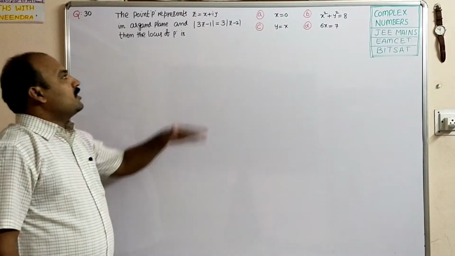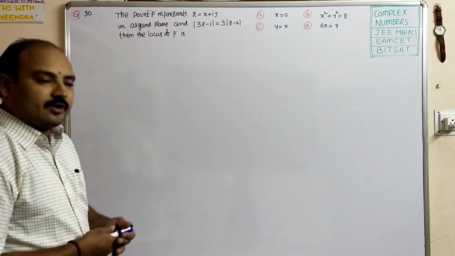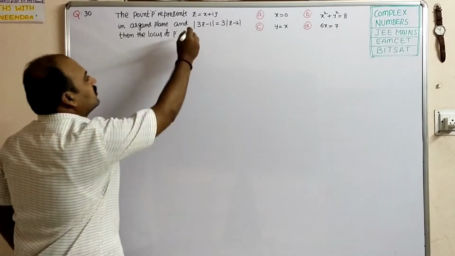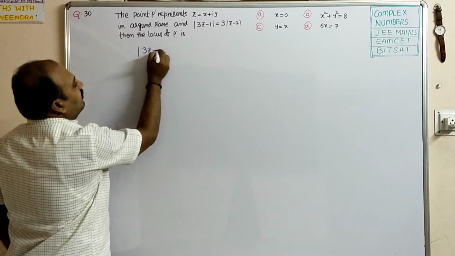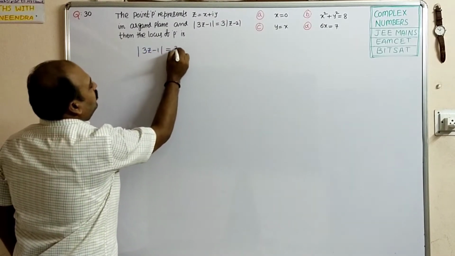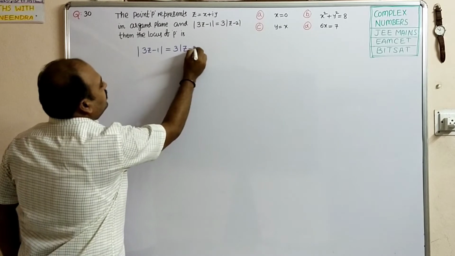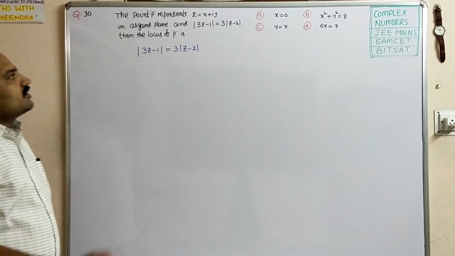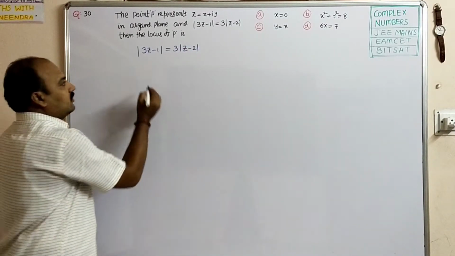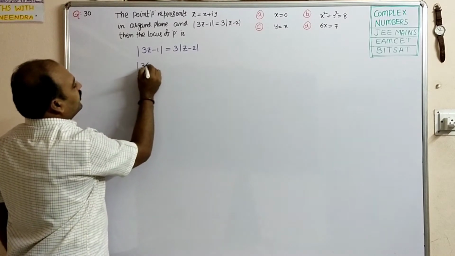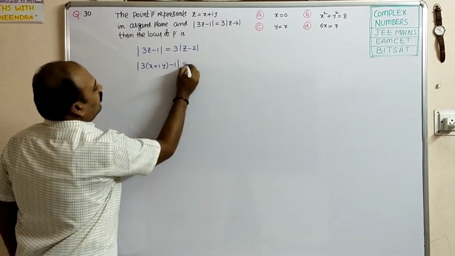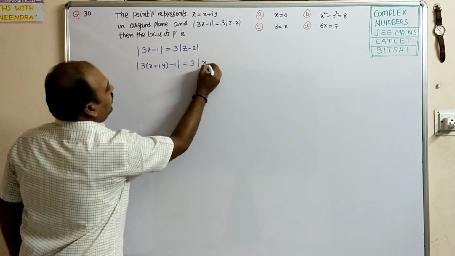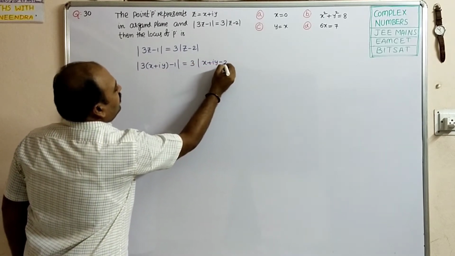So here the condition is given. According to the condition, we have mod 3z minus 1 equal to 3 into mod z minus 2. What is z? z indicates x plus iy. So mod 3 into (x plus iy) minus 1 equals 3 times mod (x plus iy) minus 2.